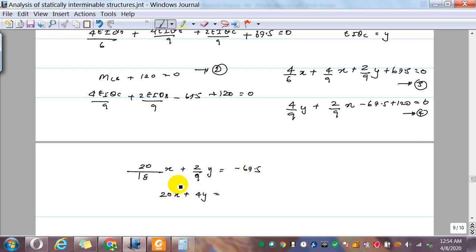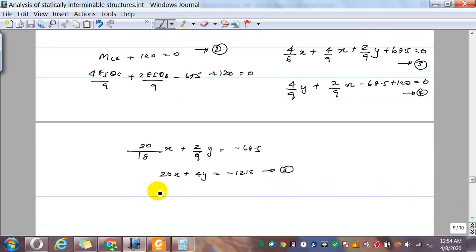So that is minus 1215. Okay, so this is the rewritten equation 3.